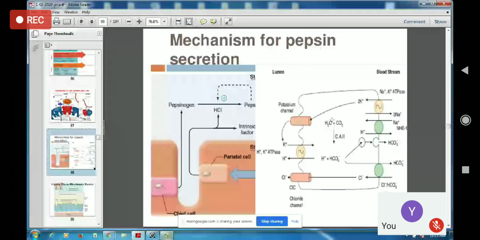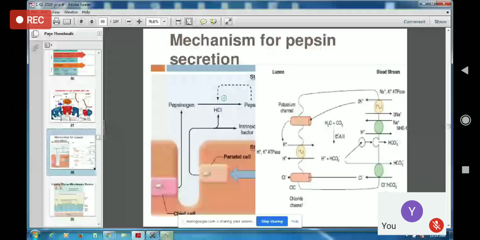The answer is, in the parietal cell of the stomach, carbon dioxide and water combine in the presence of the enzyme carbonic anhydrase 2. You being the student should not write the short form. You can write a short form here, but down below you have to write the full form. CA stands for carbonic anhydrase 2.